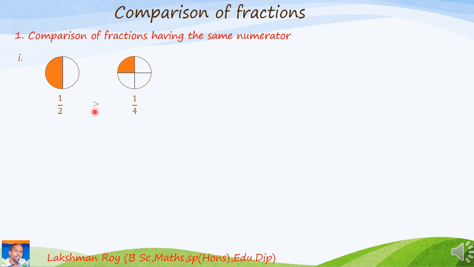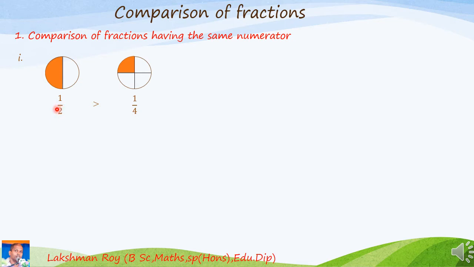You can put the inequality symbol this way. So now you can get an idea. What is the idea? If the numerator is the same, how to compare fractions? By using the denominator, right?